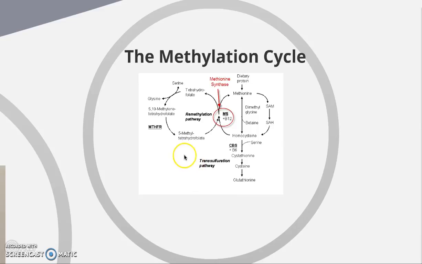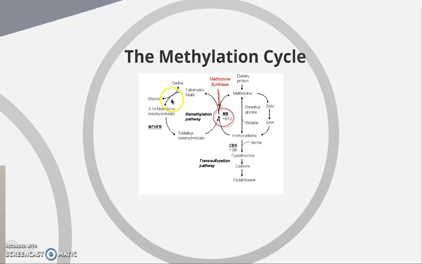This is a depiction of a methylation cycle. I like this one because it gives a little bit more detail on the folate cycle side. Here we have tetrahydrofolate, and above tetrahydrofolate there would be a couple of other reactions and conversions occurring before we got to tetrahydrofolate.